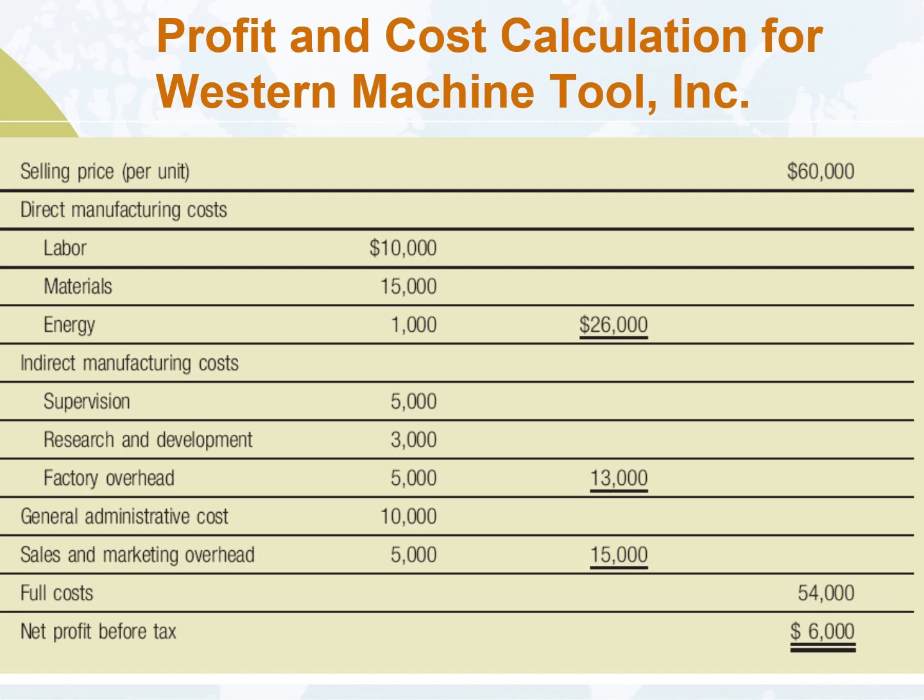So the full cost is all three added together, 26, 13, 15, you get 54,000. 54,000 out of the 60,000 in selling price gives you 6,000. That's net profit before tax. Okay, this is the profit and cost calculation for Western Machine Tool, 6,000 profit.